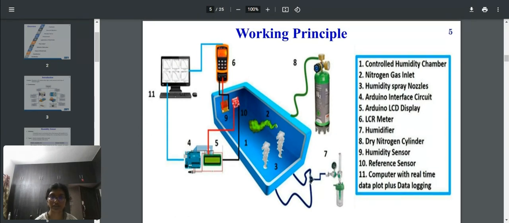So here is the working principle of the humidity sensor. The nanomaterials are chosen in such a way that their resistivity changes with change in relative humidity in the environment. ZnO is an N-type semiconductor material and NiO is a P-type semiconductor material, which are going to act as the major constituents in this semiconductor sensor.